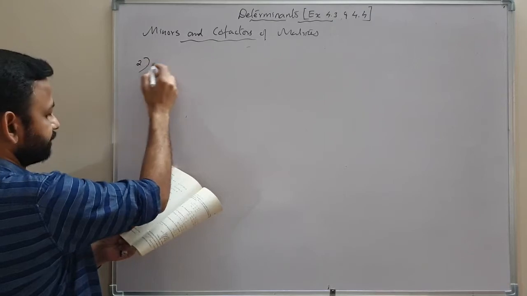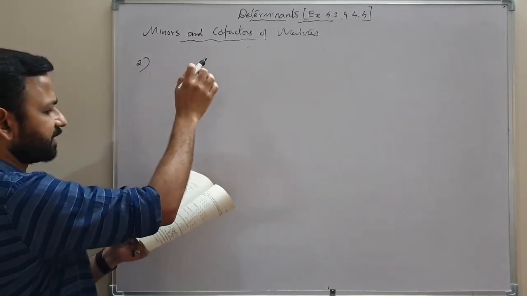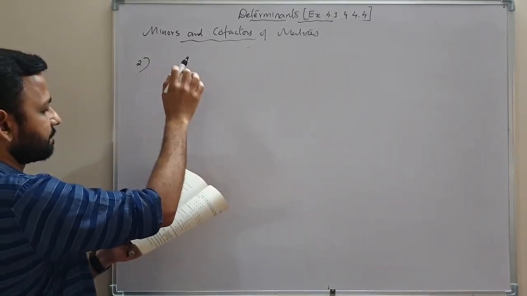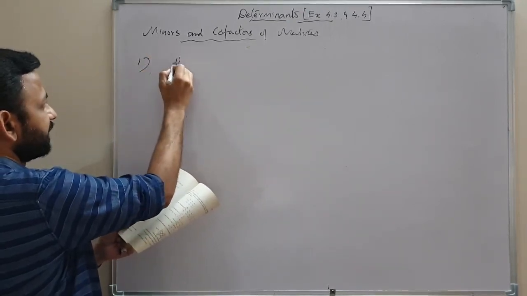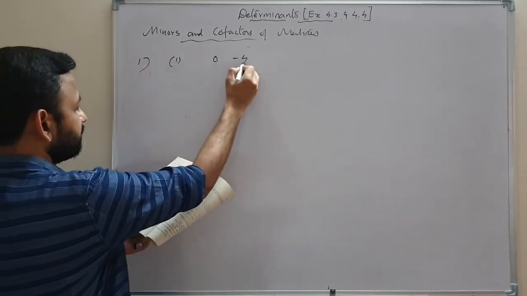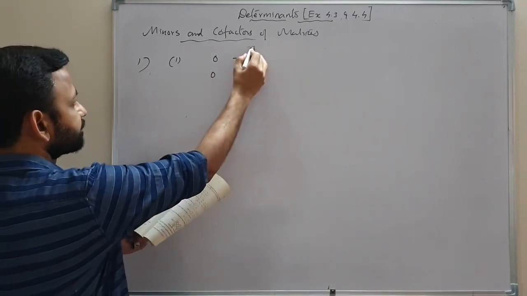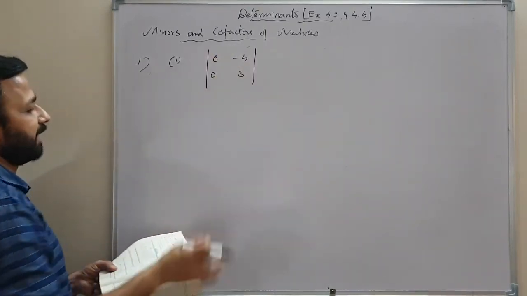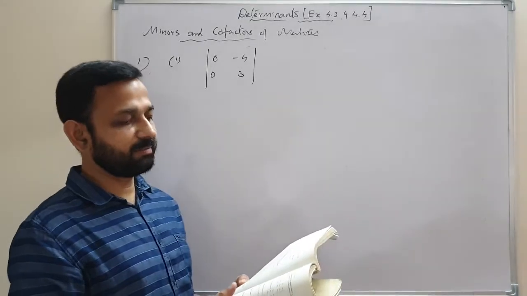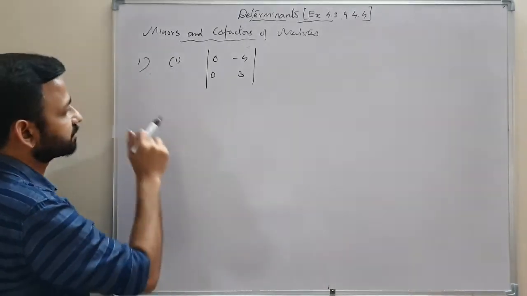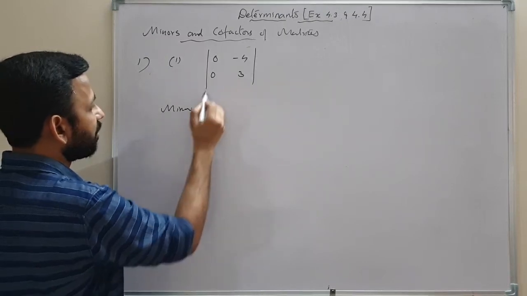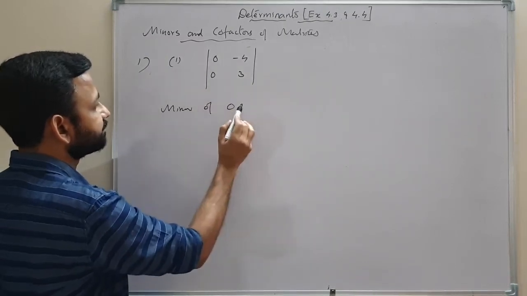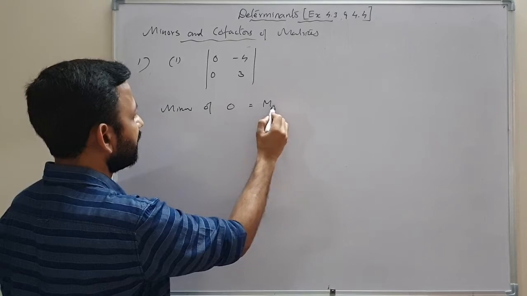Question number 1, first part we can do: 0, minus 4, 0, 3. So we need to find the minor and cofactors of the elements of the following determinants. So minor of 0, the first element, that is equal to M11.